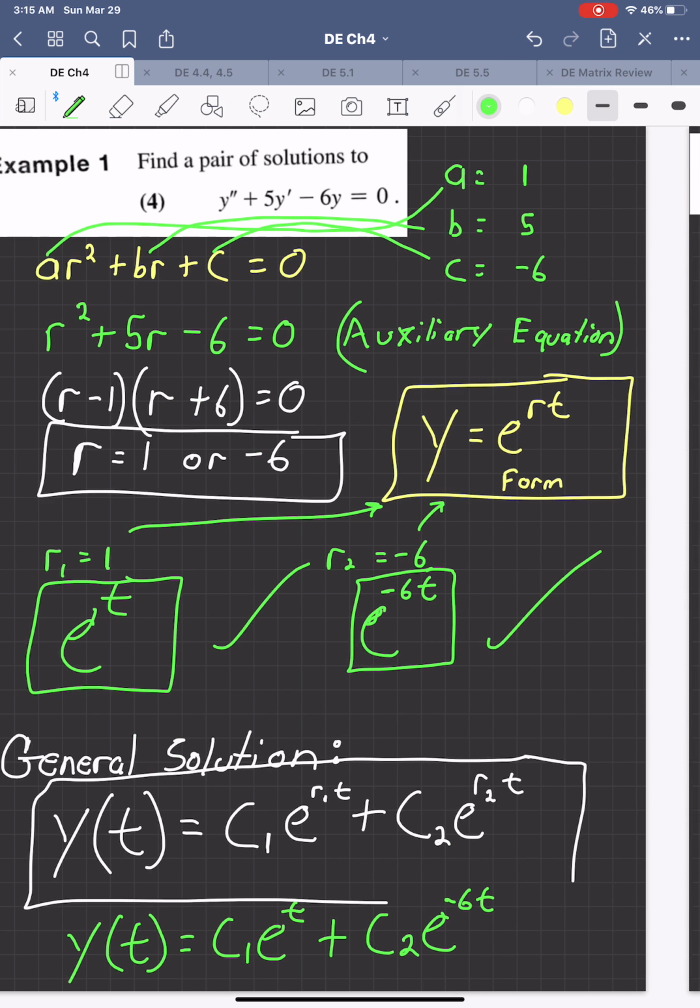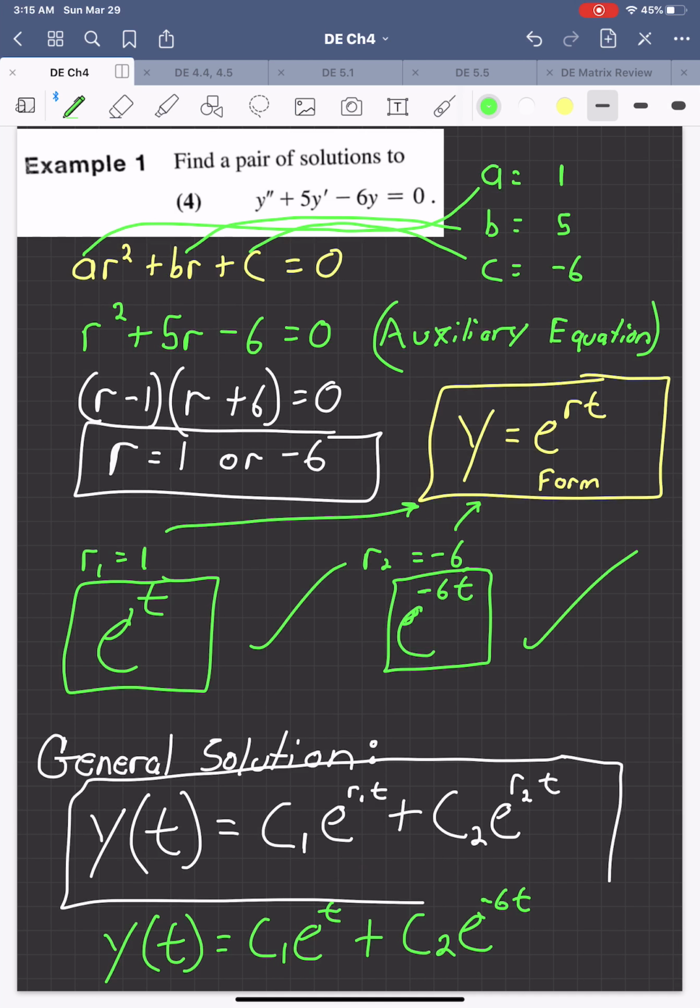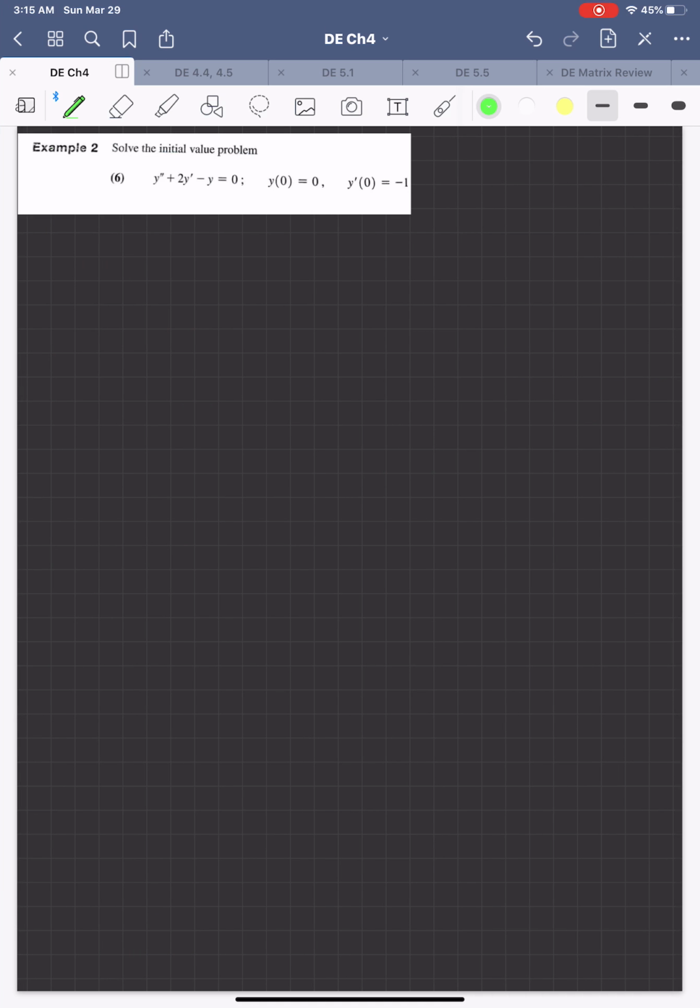Now, where we're going to go from here is we're going to do example 2, which is an initial value problem. I'm going to walk through this yet without making any claims.